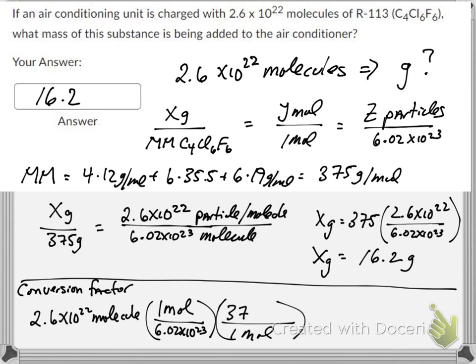We then use the molecular mass to get to the grams, and moles cancel, and we get the same answer. So either way, you just want to make sure that if you're given X, you can find Z. If you find Z, you can find X. Those are the two types of problems you'll see on our exam and homework.